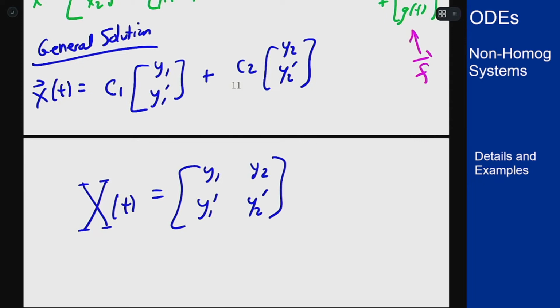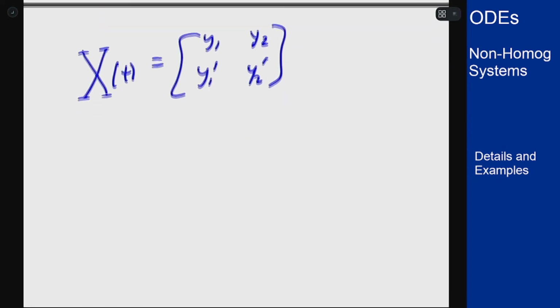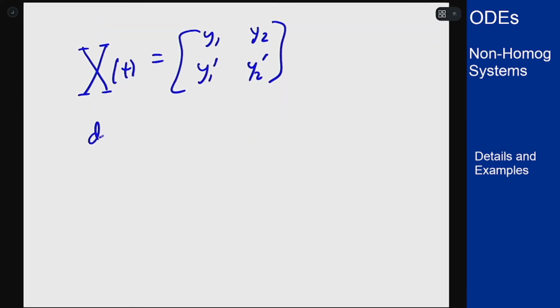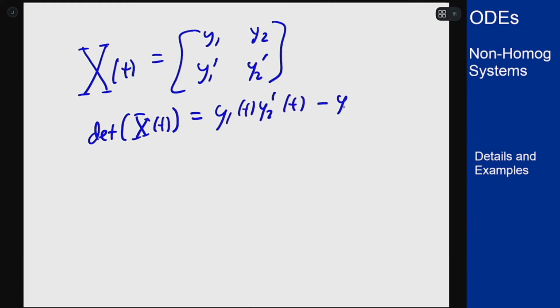We're going to need to find X inverse to work this out, so I better determine this is invertible. So I find its determinant, and its determinant is exactly y1 y2' minus y2 y1'. This is exactly the Wronskian that we had defined earlier on for these solutions.